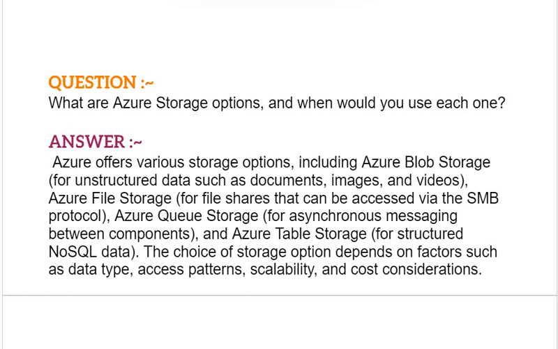Our next interview question is: what are Azure storage options and when would you use each one? Your answer should be: Azure offers various storage options, including Azure Blob Storage for unstructured data such as documents, images, and videos, Azure File Storage for file shares that can be accessed via the SMB protocol, Azure Queue Storage for asynchronous messaging between components, and Azure Table Storage for structured NoSQL data.